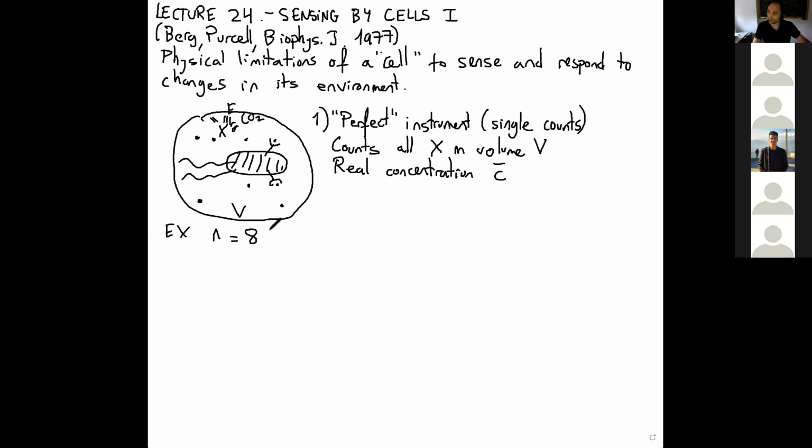It depends when you take the photograph how many particles were passing by this volume. So what is important is the expected value. How many molecules we expect to count. The expected value of n is just the volume times the expected concentration.